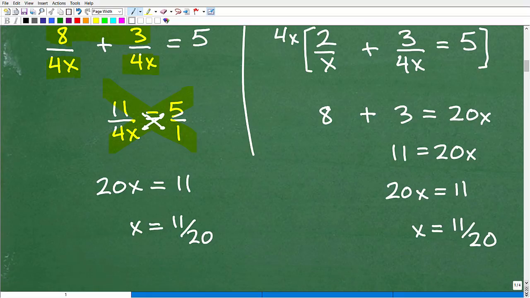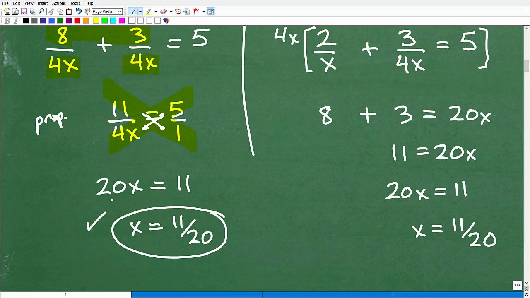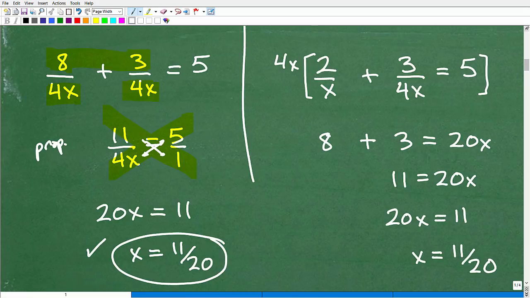Remember, this is like a proportion, so I can simplify this by using the cross product. I got 20x is equal to 11, and now to solve for x, I divide both sides of the equation by 20, and I have x is equal to 11 over 20. Okay, so this is one approach you can take to solve this rational equation.